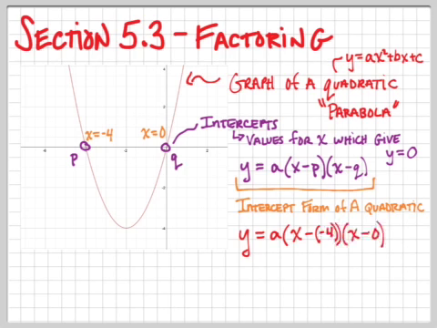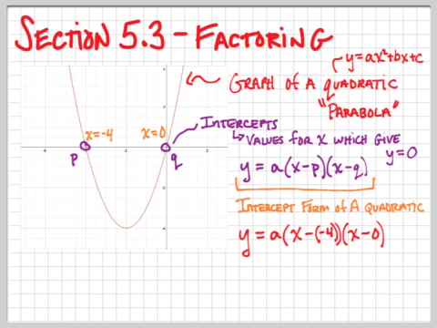All right, so for my example, if x is negative 4 and y is 0, and x is 0, if I know those are the intercepts, I can put them in for p and q and get my general form. All right, subtracting the negative would leave me with the x plus 4 here. This would just be x. And I don't have a value for a yet.